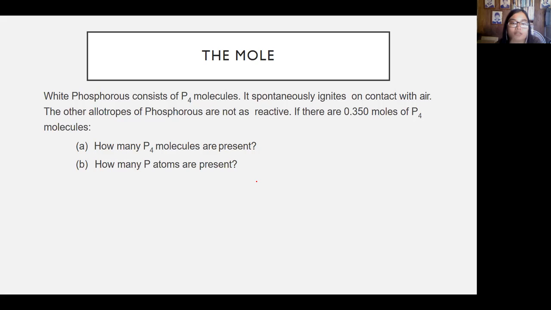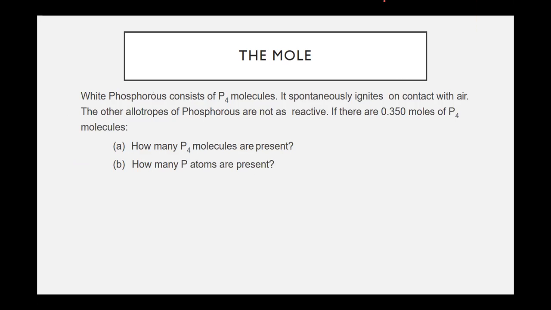So here is the sample problem. White phosphorus consists of P4 molecules. It spontaneously ignites on contact with air. The other allotropes of phosphorus are not as reactive. If there are 0.350 moles of P4 molecules, how many P4 molecules are present? How many P atoms are present?